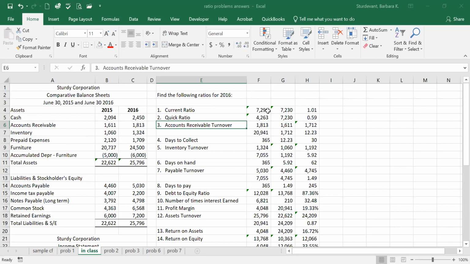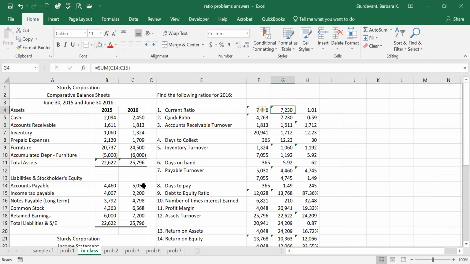So I'm just going to go through 16 because I don't think we'll have time to do both years. So this total right here is the total of these current assets. This total right here is the current ratio, compares your 2 current accounts. And you have current assets and you have current liabilities. So current assets, again, it's these 4 compared to current liabilities.